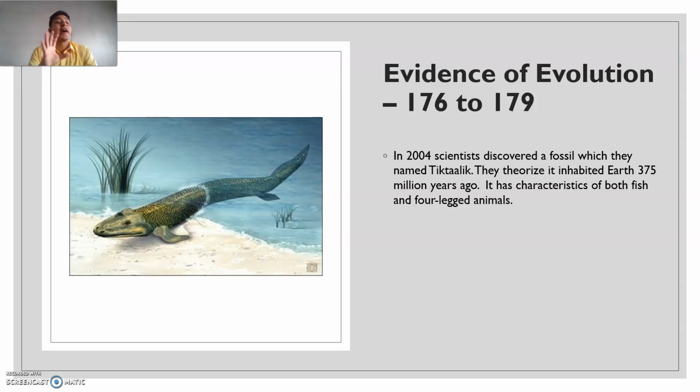So, just to give you a small background on evolution: scientists theorized that life started in water in the form of bacteria. Then, after bacteria started evolving, it started mixing with other bacteria, and they generated fish-like animals.